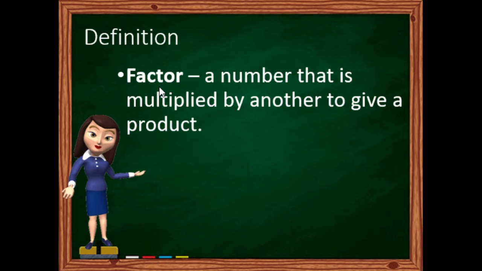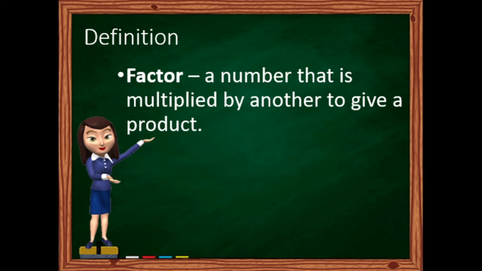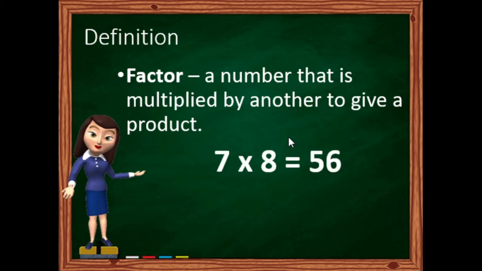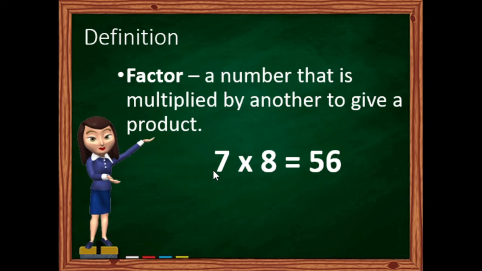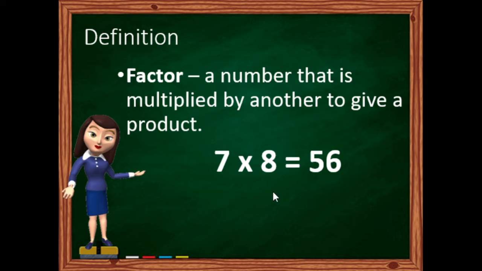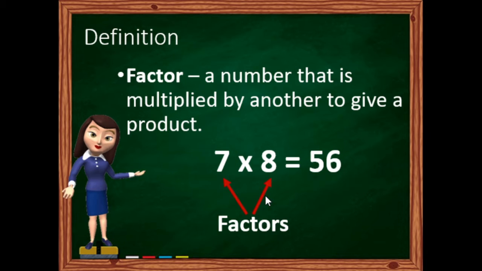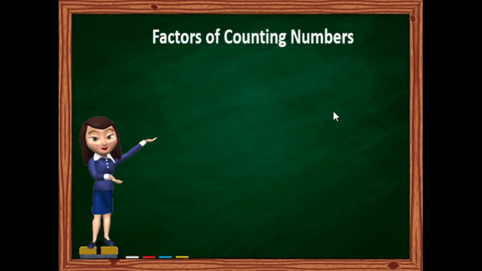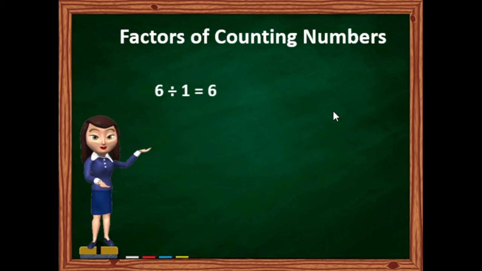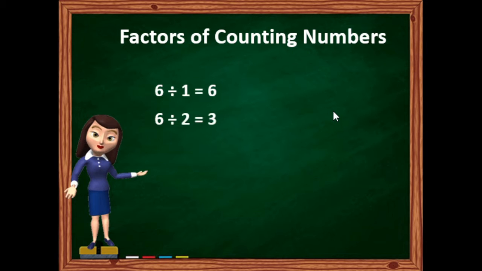It was said that a factor is a number that is multiplied by another to give a product. Example, in the equation 7 times 8 equals 56, numbers 7 and 8 are our factors, while 56 is the product. Factors of counting numbers.